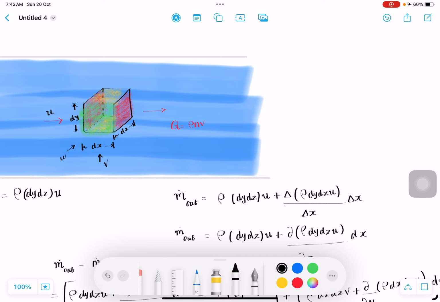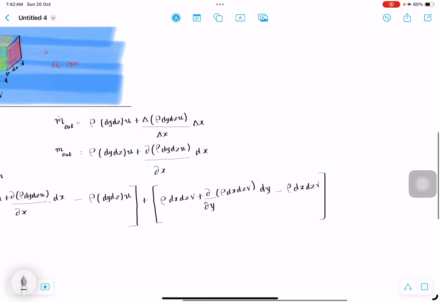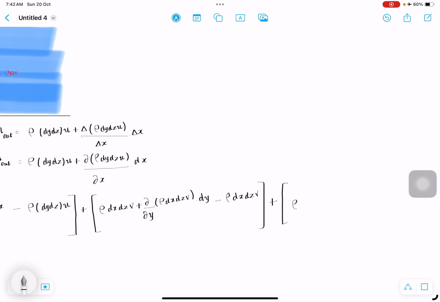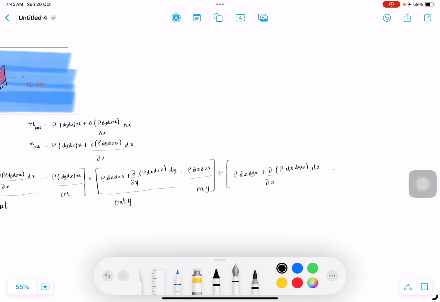Okay, and the velocity with which the fluid is coming in is going to be represented by the notation w. So the quantity of fluid that is coming in minus the quantity of fluid that is going out, plus it is going to be rho into dx dy into w, plus dou by dou z of rho into dx dy into w into dz, minus rho into dx dy into w.